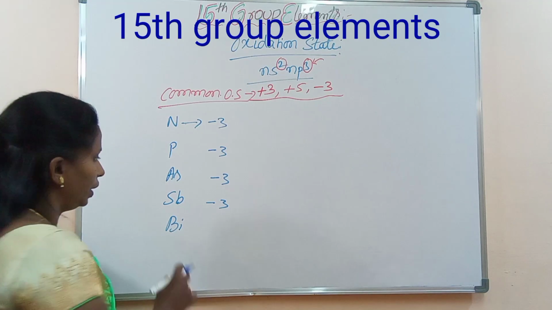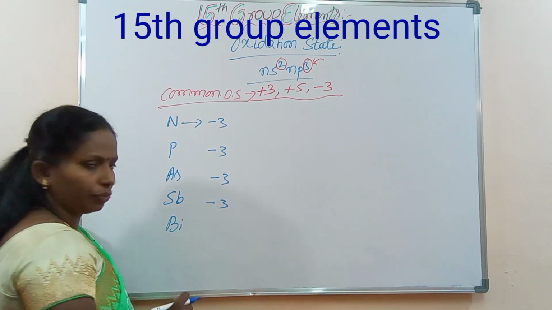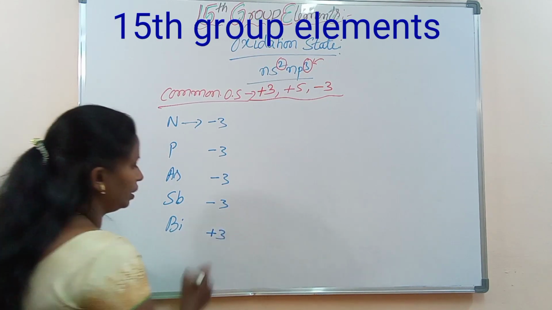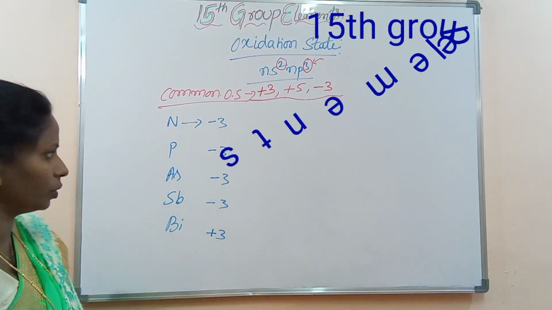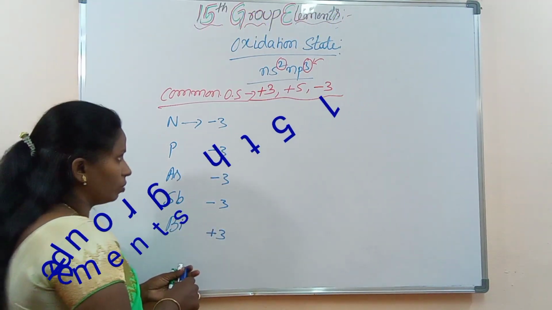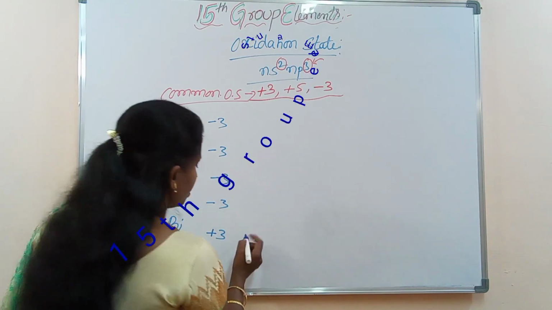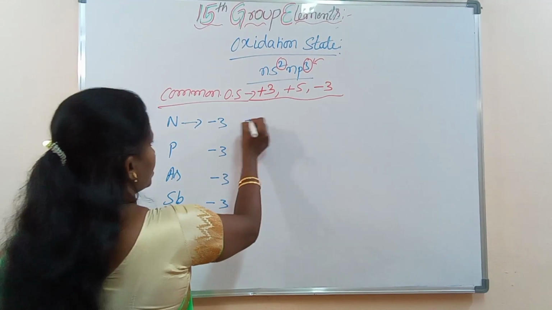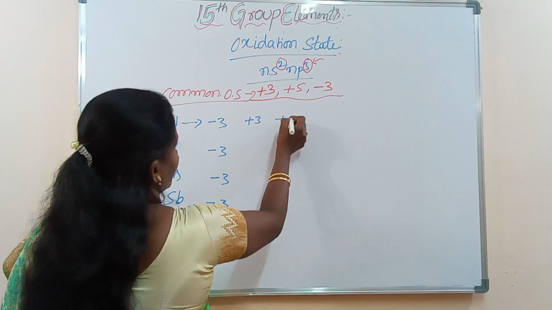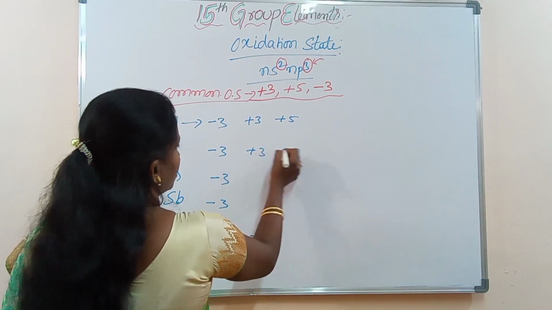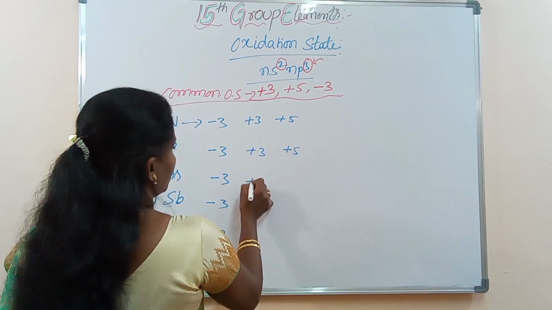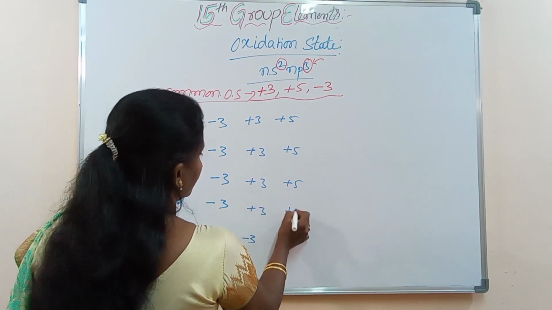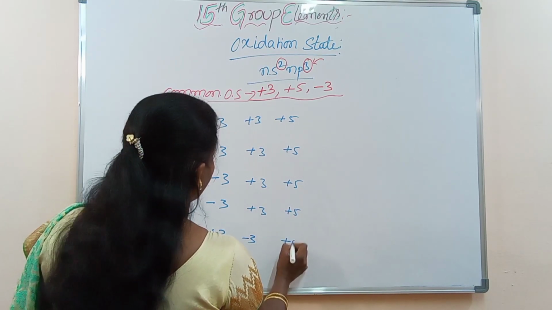Bismuth is a metal, so it does not readily give the -3 oxidation state; it is more stable in the +3 oxidation state. It can give -3, but it is not at all stable. So +3 is stable, +5 is also stable. These are the common oxidation states.